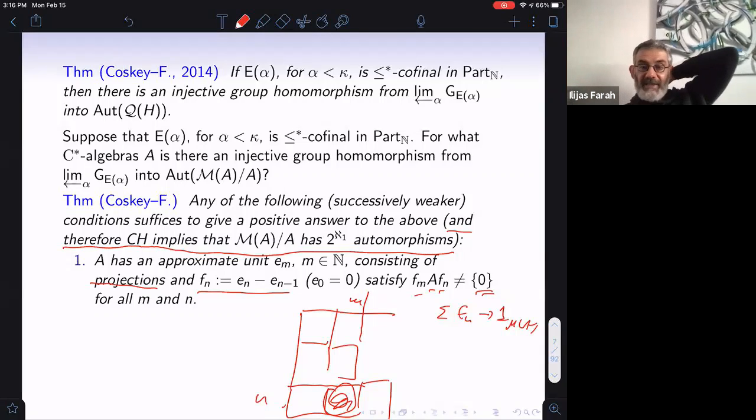So if you have something like this, then you can assure that those automorphisms are different and therefore get a complete binary tree of 2 to aleph 1 distinct automorphisms.